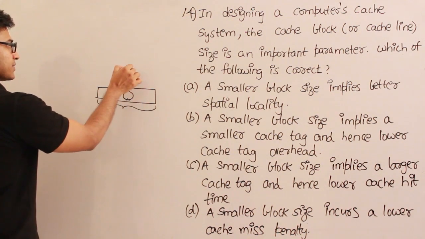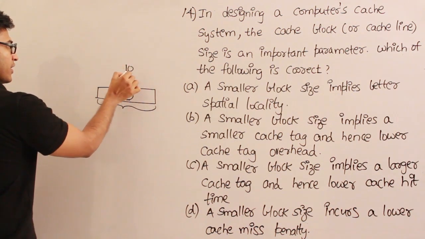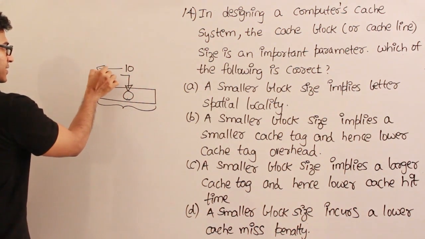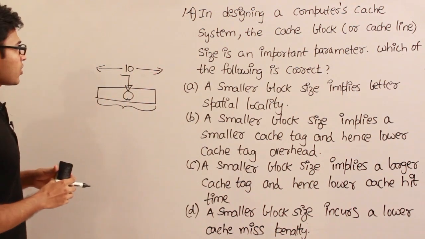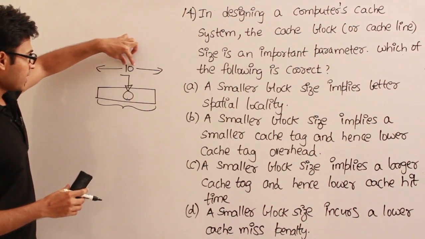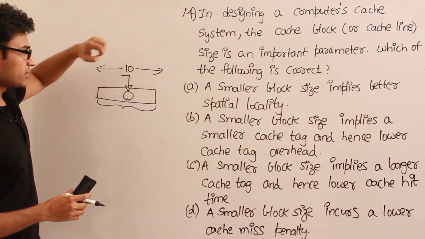If you are accessing, let us say, word number 10 now, then you may access plus or minus 5 or whatever. Whatever it is, you are going to access something closer to this.